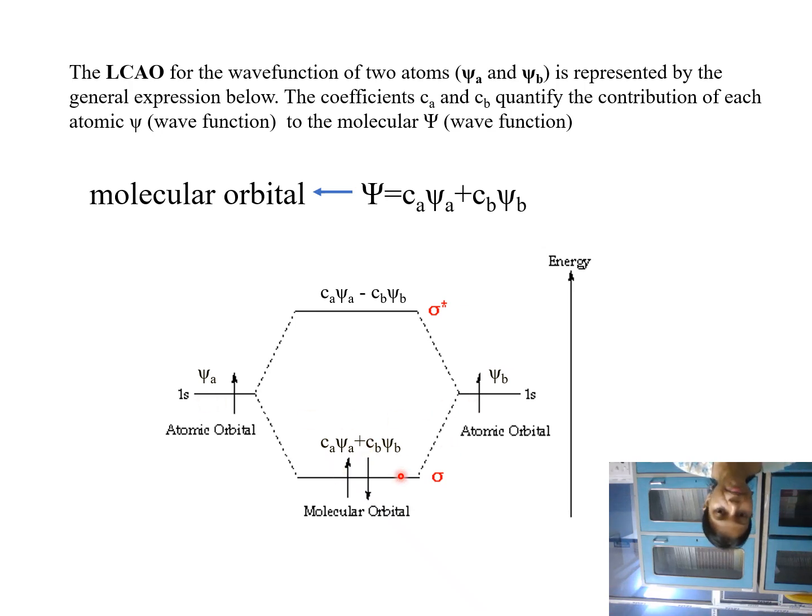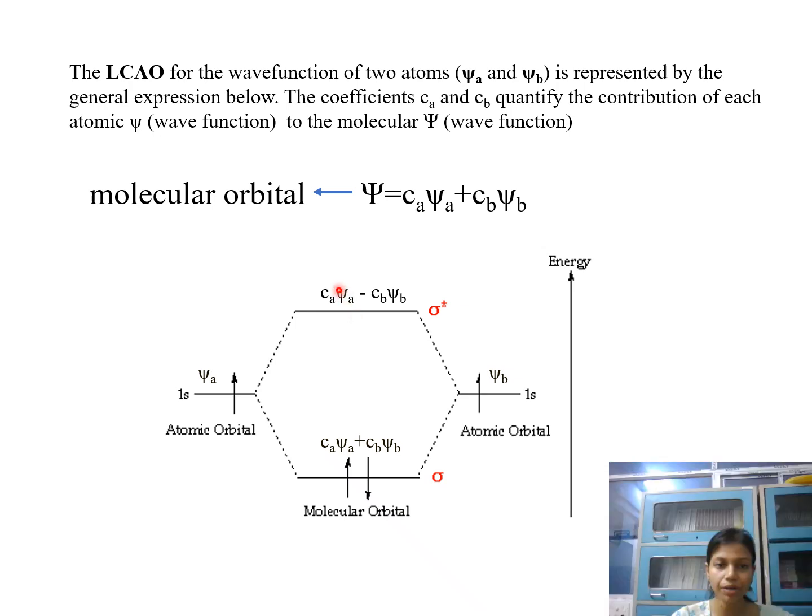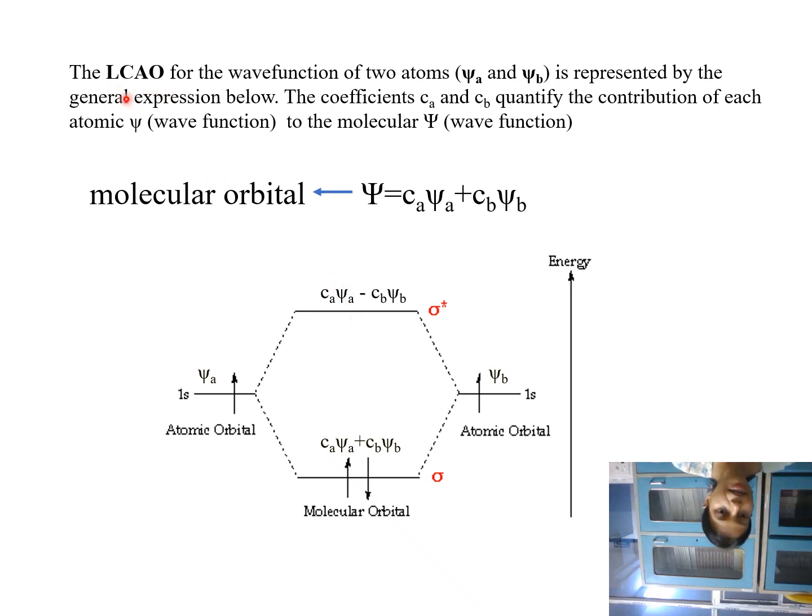Psi A may be giving more, or psi B giving less, or they can share an equal amount to form the molecular orbital. So this is to quantify the contribution of the atomic orbitals which make the molecular orbital. I hope you are clear about the LCAO method, linear combination of atomic orbitals, which gives us the wave function of the molecular orbitals.